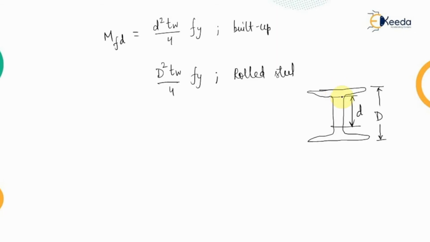While for the built up section, since the plate will be acting separately, we will be using small d, since in the built up section we will be providing a gap at the joint.